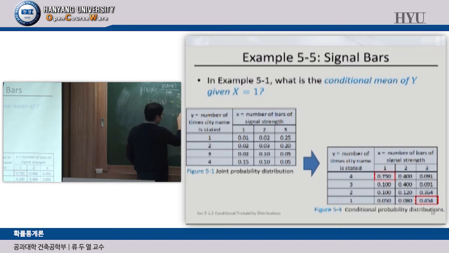That is 1 multiplied by the conditional probability of y equal to 1 given 1, okay?